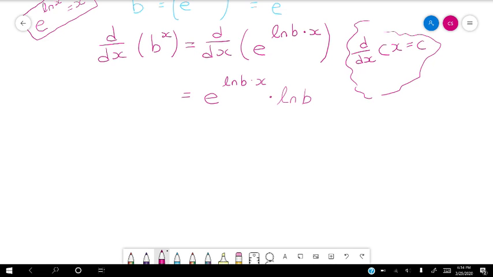So let's explore this: e to the natural log of b times x. I'm just going to rewrite that as a little side thought. I'm going to move the x to the front because it's multiplication. And now we have a logarithm rule that if we multiply something by the logarithm, we can bring it into the argument as an exponent.